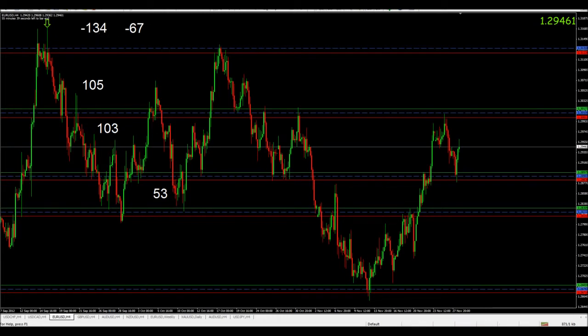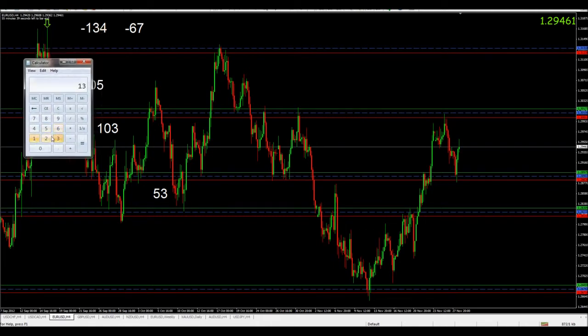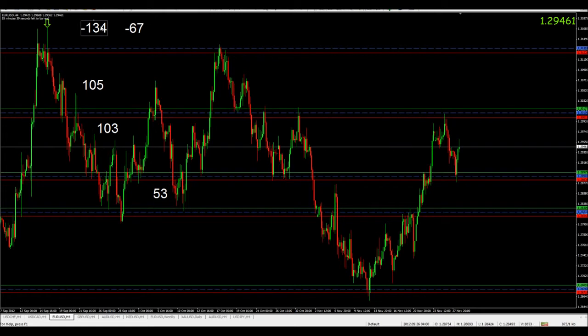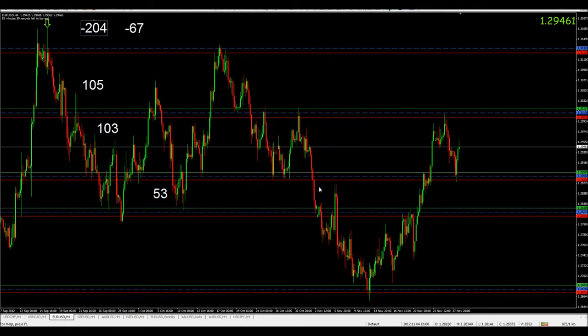So we can just go to our calculator. 134 plus 67 equals. Okay, so we've got a negative amount here. By the time we get down here, 204 pips.